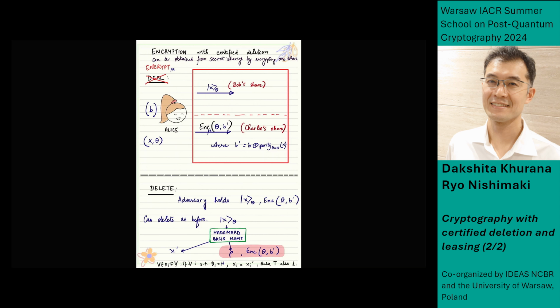Then information about the plain text may be leaked. But if the server generates a certificate of deletion, then it is guaranteed that even if the server is breached, there is no information about the plain text. But we cannot prevent the original receiver Bob from recovering the plain text.